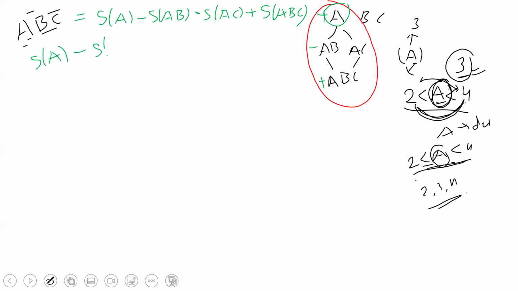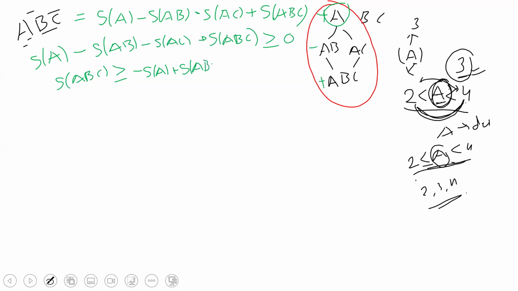So S of A, minus S of AB, minus S of AC, plus S of ABC is the support of A, B bar, C bar, and this will always be greater than or equal to 0. So now what I can come up with is that support of ABC is greater than or equal to minus support of A plus support of AB plus support of AC.